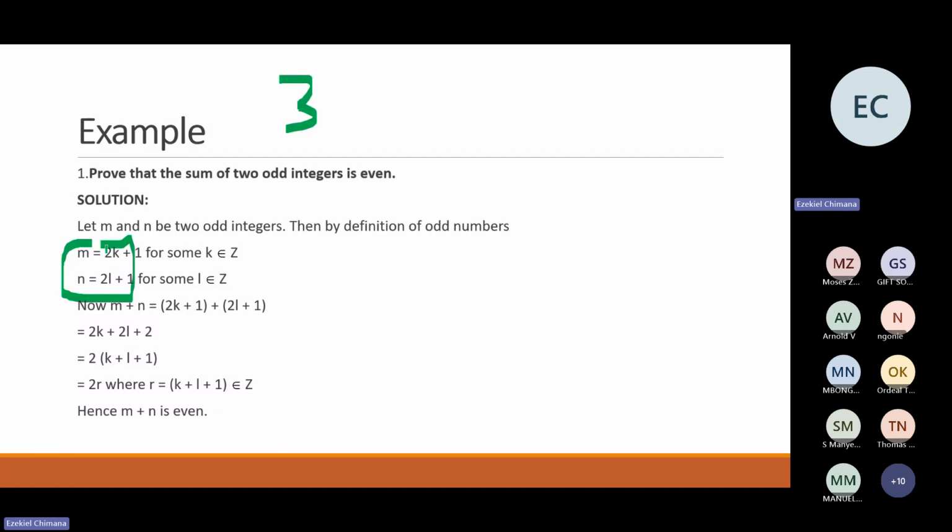Just put these two different values here: here put a k, here put an l, or you can put whichever variable you want to use. But make sure that these are two distinct numbers.